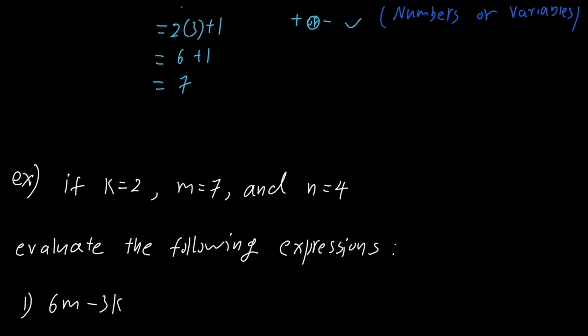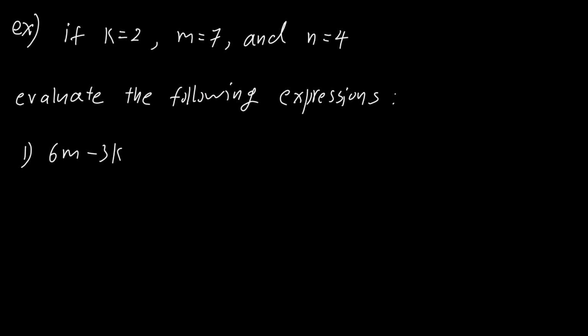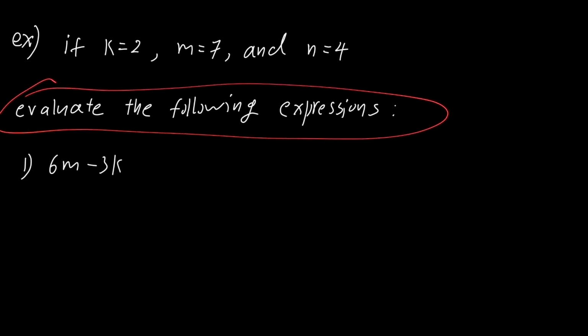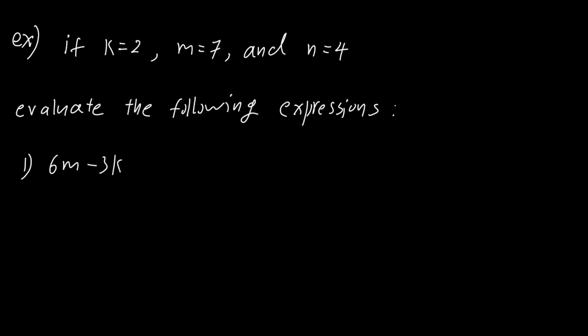Let's have more practice for this concept. Let's say k is 2, m is 7, and n is 4. Evaluate the following expressions. So here is the algebraic expression 6m minus 3k.